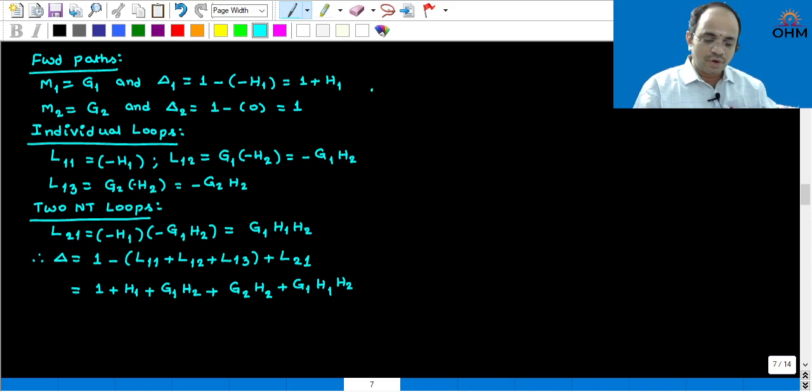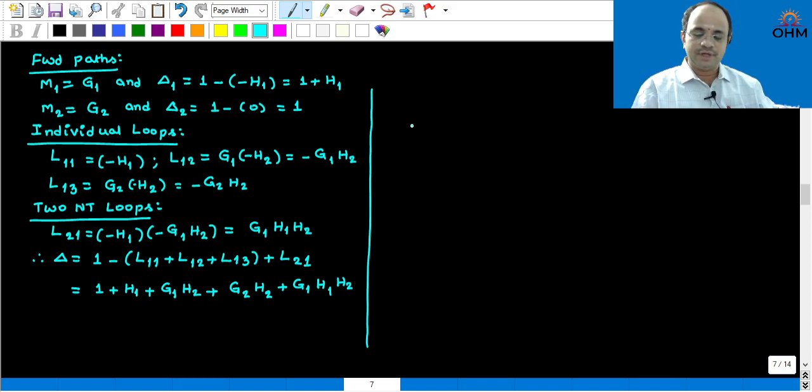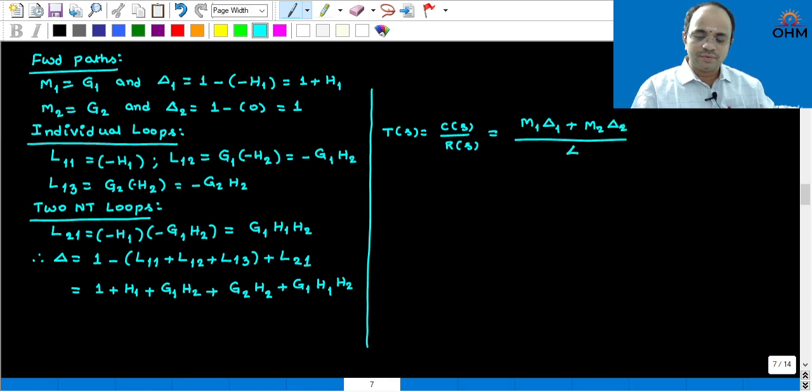Now once you got all of these individual terms, now you can write down overall transfer function, that is C of S divided by R of S is equal to M1 delta 1 plus M2 delta 2 divided by delta.